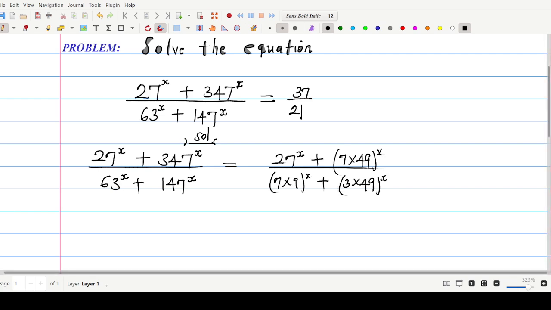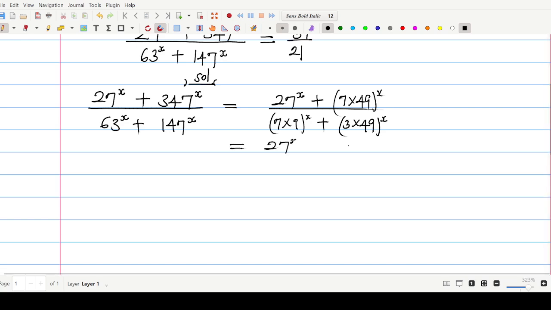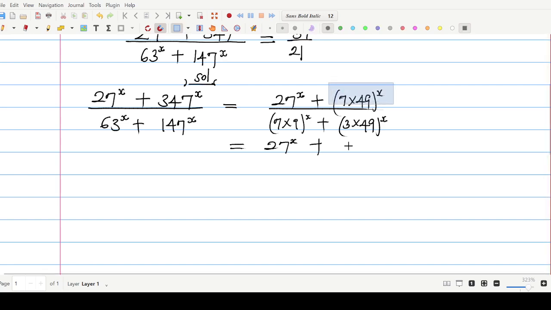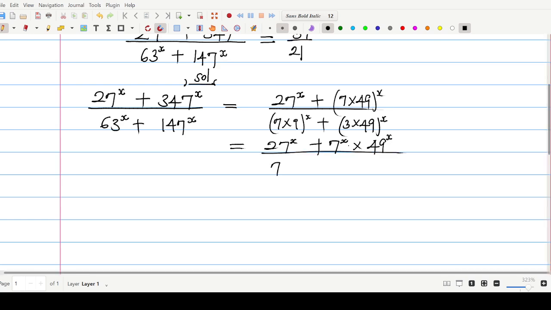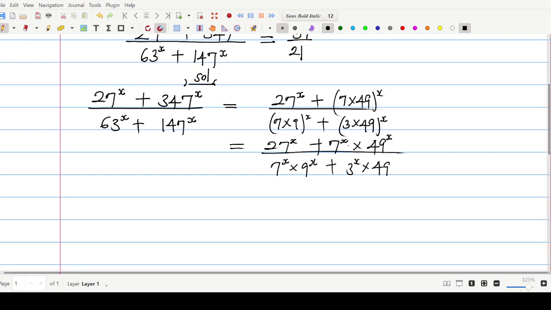All right, so from this we can proceed. Now we have this as 27 to the power of x plus, each of these can be written as 7 to the power of x times 49 to the power of x over 7 to the power of x times 9 to the power of x plus 3 to the power of x times 49 to the power of x.